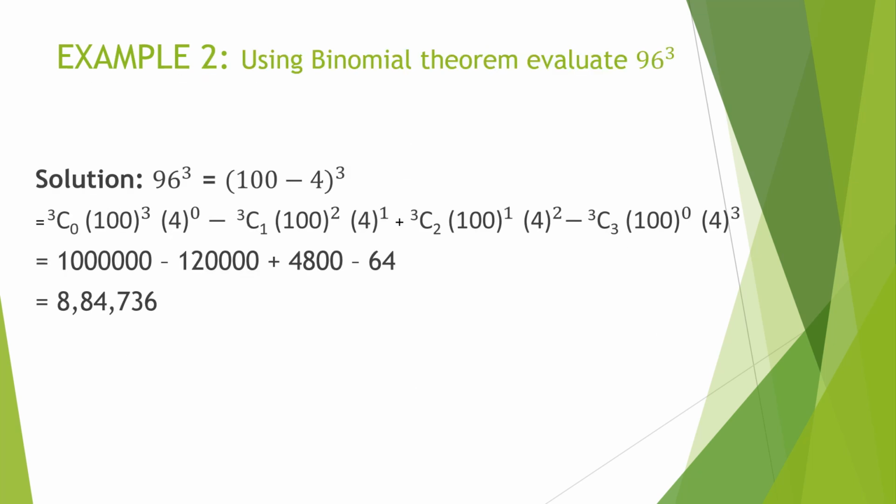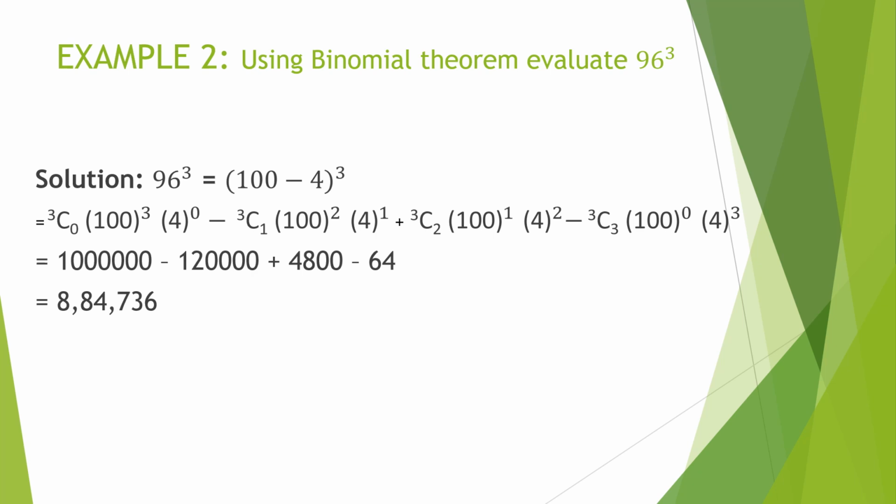Example 2. Using binomial theorem, evaluate 96 raised to 3. So now 96 raised to 3 can be written as 100 minus 4 raised to 3. So we will use the expansion of the type x minus y raised to n. So first term 3C0 100 cube into 4 raised to 0 minus 3C1 100 square into 4 raised to 1 plus 3C2 100 raised to 1 4 square minus 3C3 100 raised to 0 4 cube.